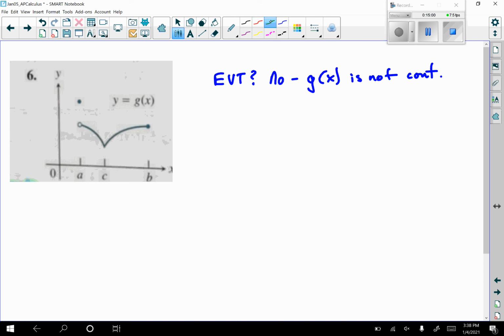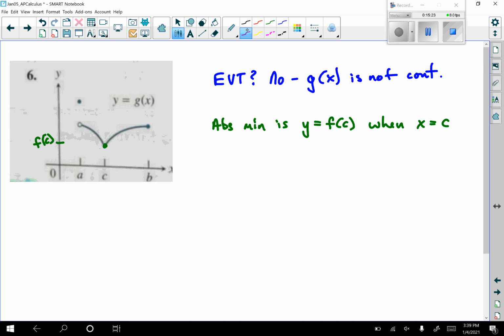However, there still could be a possibility for an absolute max or an absolute min. Hopefully, if you notice right here, here's our lowest point. So we do have an absolute min. This would give us f of c when x equals c.